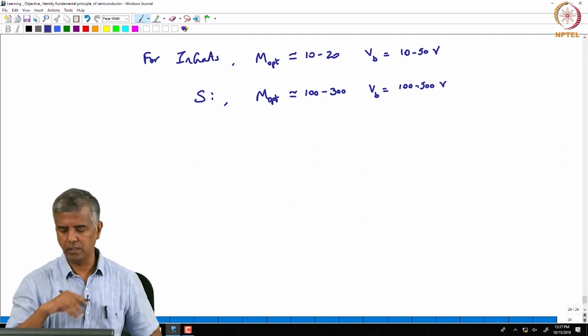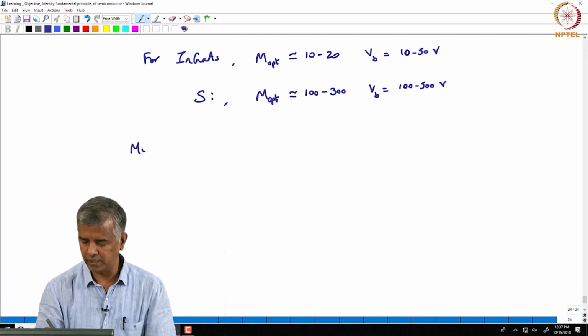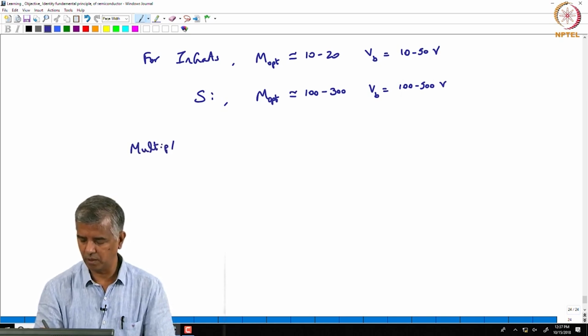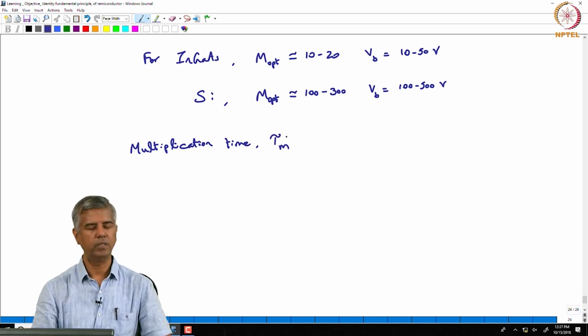The other picture is with respect to the multiplication time. Remember, we talked about multiplication time. We said that is actually an excess time that slows down the response of your photodiode.